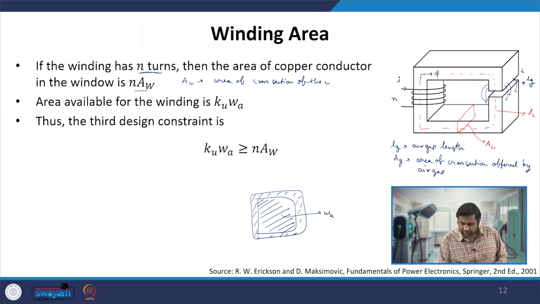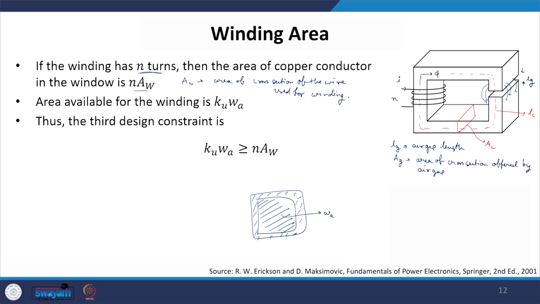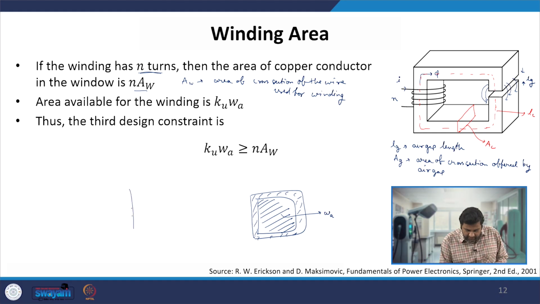of the wire used for winding. Since this winding is housed in the window area, it will be arranged one after the other like this in the core. If we take this to be a straight line, then things will be much better.